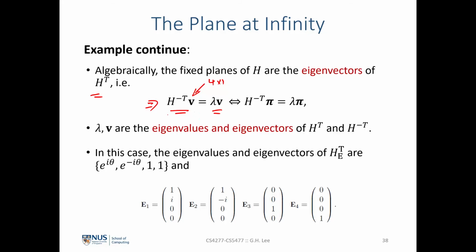And we can see that this is actually our famous eigenvalue or eigen equation in linear algebra, where we say Ax equals lambda of x over here, where x here is actually our eigenvector, and lambda here is our eigenvalue.